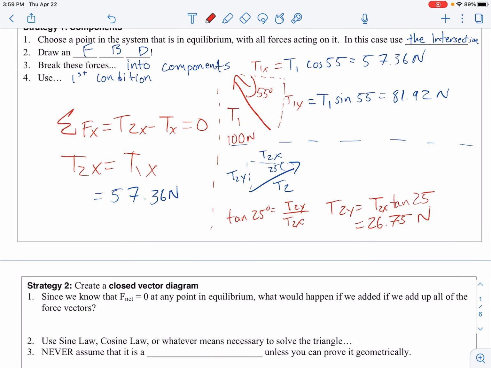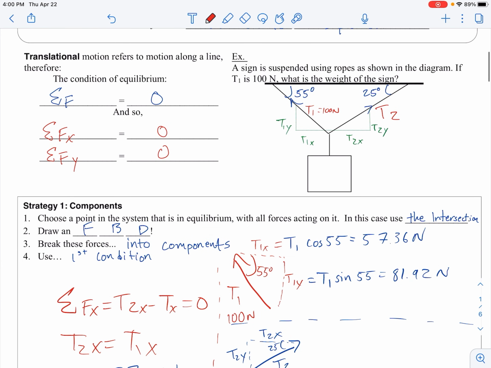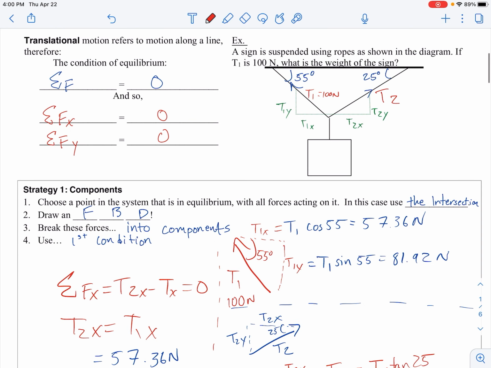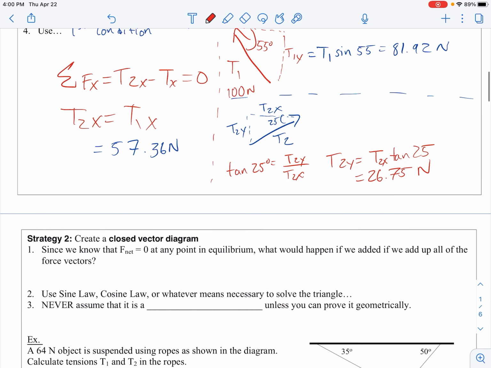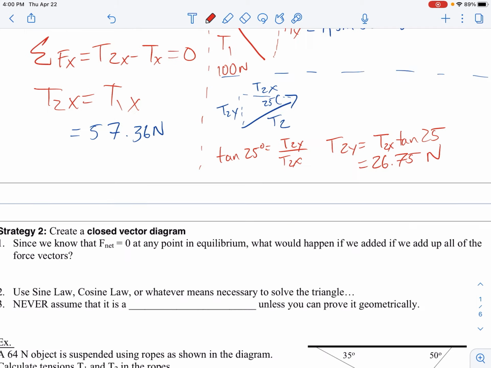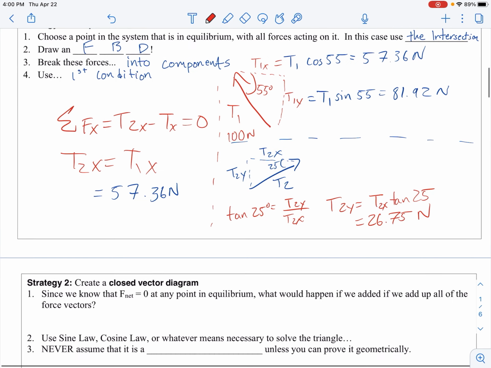Now this is important because I need to know the y forces, since ultimately what I'm trying to find is the weight of the sign. I don't know the mass of the sign, obviously I don't know the weight, so it's important to know the components in the y direction, and that will help me solve for that, since this is all in static equilibrium. I ran out of space, so I'm going to write in this bottom section.